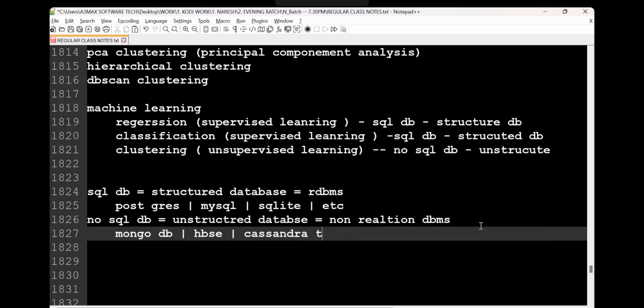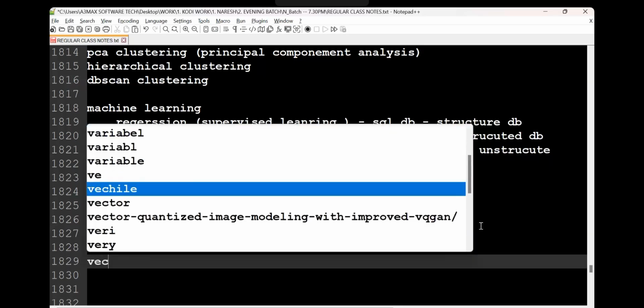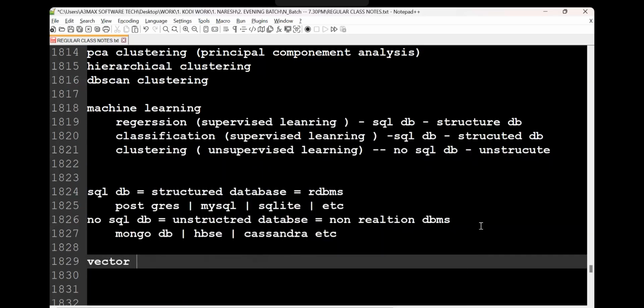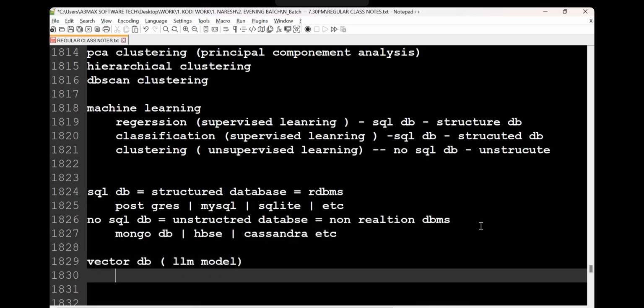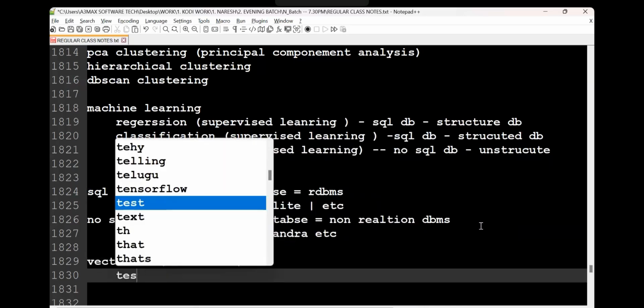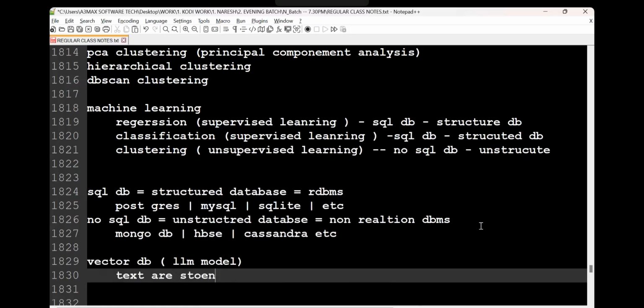Okay, now I want to introduce another one, which is VectorDB. We build a large language model or not? LLM models. In large language models, the vector database stores text as vectors.